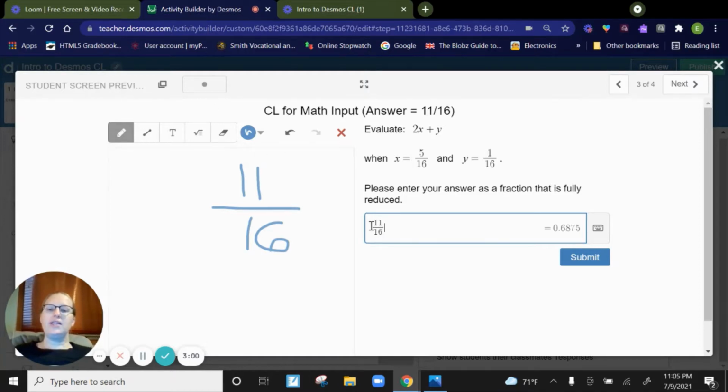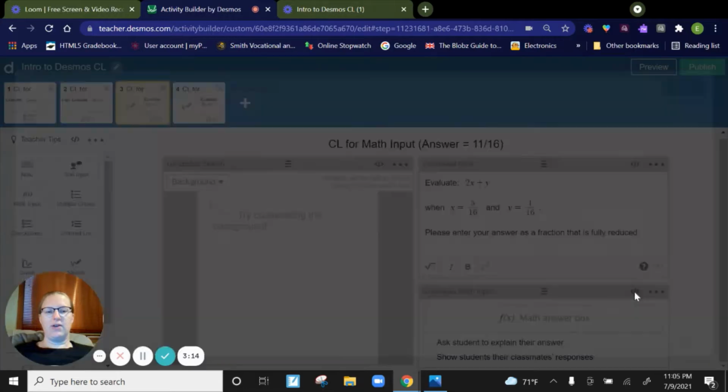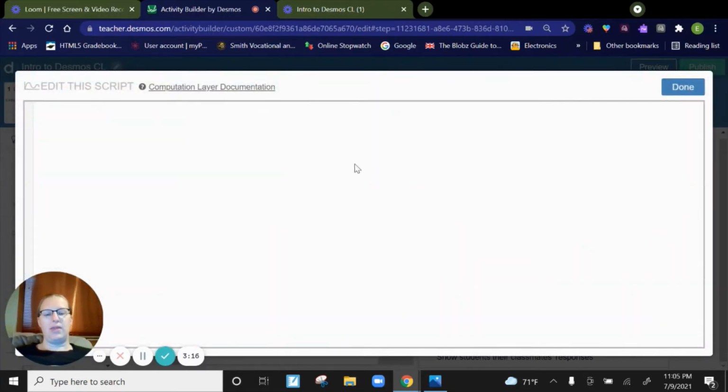For anything that's not just a numeric whole number, I like to type it in this input box, and then I highlight it and I do Control-C to copy it. That way when I come to the CL over here, I can type that in easily just by pasting it in.